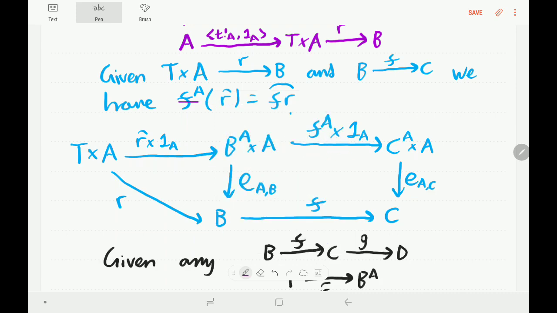Okay then, so anyway, let's just again recap. Why does this formula hold true? Well, this diagram commutes. This is just a definition of R transpose, and this is just a definition of f to the A. And then, since we have this evaluation arrow here, for any arrow from T to B to the A, if we just compose these two arrows, we get f to the power of A of R transpose times 1.